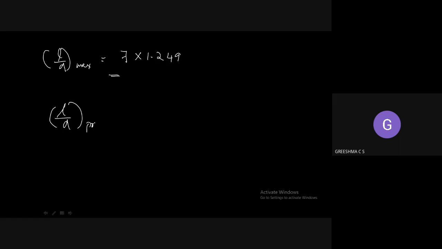Next is L by D provided. The length that we have provided is 3 meters, right? 3000 divided by depth 413. So how much are you getting? This condition needs to be satisfied.